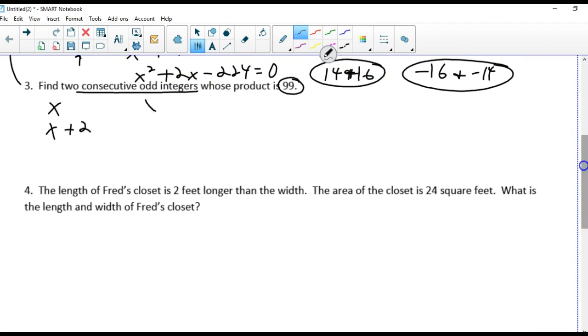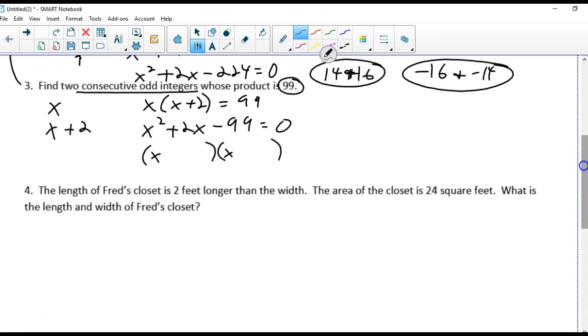All right, same setup. x times x plus 2 equals 99. x squared plus 2x. I'm just going to move the 99 over right now. I think you've got the gist of it. Then here, two numbers that multiply to give me 99 that differ by 2. Hopefully, without a calculator, you realize that's 9 and 11.